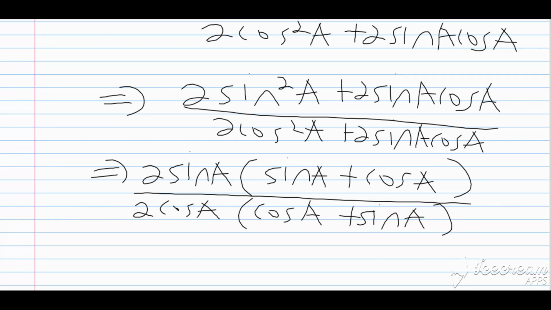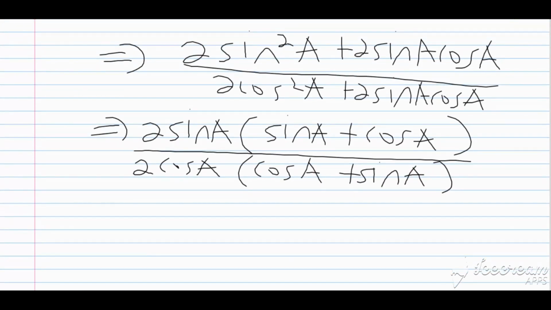Good. Now notice that my brackets are factorized, so I can actually reduce this. I could go right ahead and say this into this is 1, and this into this is 1. We could also take out the 2's. So 2 into 2 is 1, 2 into 2 is 1.